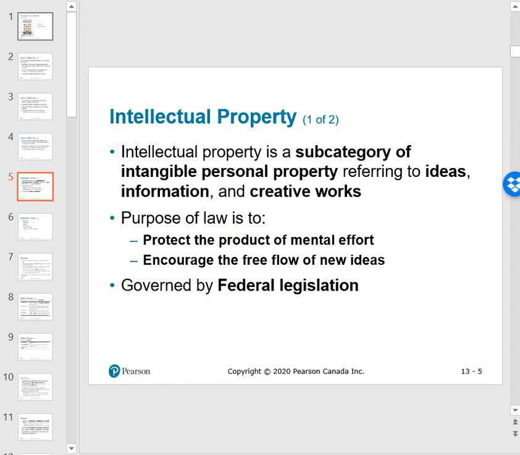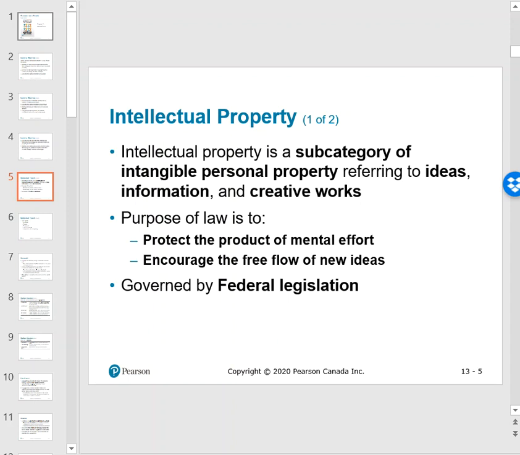And the purpose of having this legal system for intellectual property is that on one side, it helps protect what is created by mankind. So whoever comes up with products of their mental efforts may be protected.